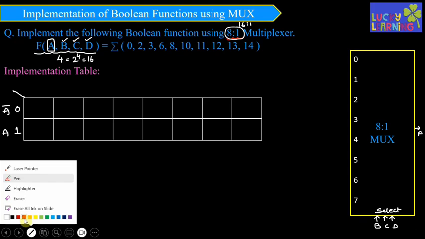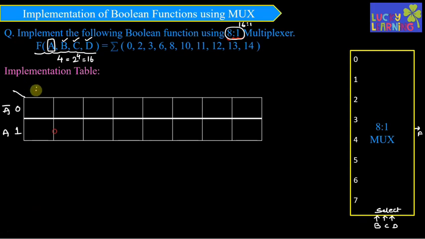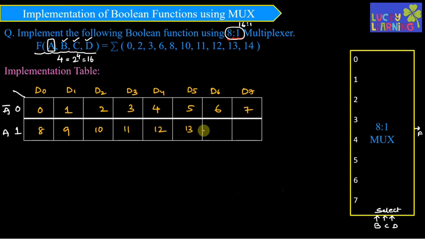Data inputs are 0 to 7. So we call them data inputs 0, 1, 2, 3, 4, 5, 6, and 7. Now here what are the minterms? 0, 1, 2, 3, 4, 5, 6, 7, 8, 9, 10, 11, 12, 13, 14, and 15.